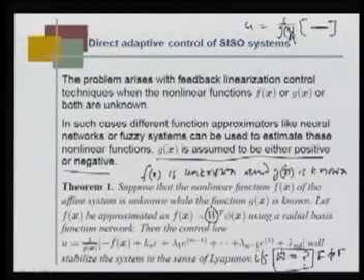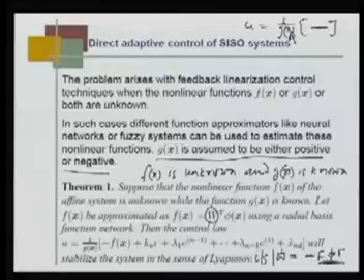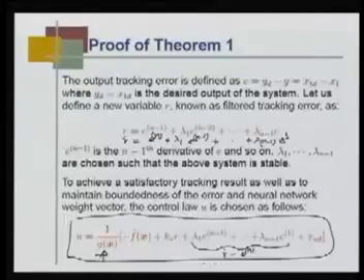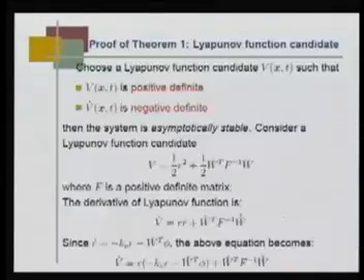This is the answer. Sorry, there is also a negative sign, so this is minus F phi r. Okay, so we completed the proof of the first part.